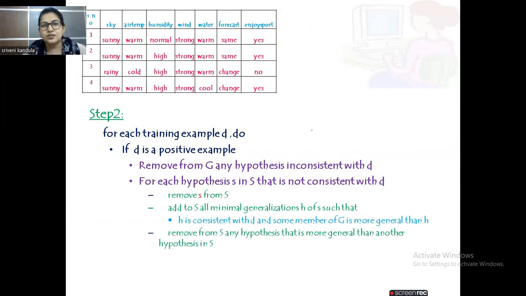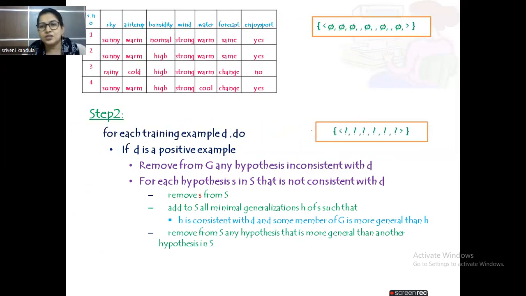So let us take the first example and let us also take the specific and general boundaries. This is our specific boundary. This is our general boundary. So what it says, if D is a positive example, yes, the first example is positive.